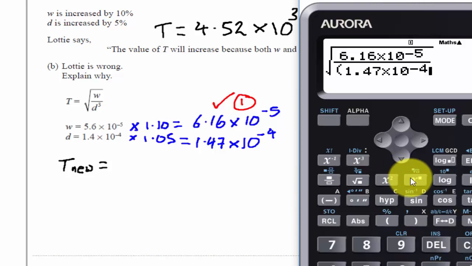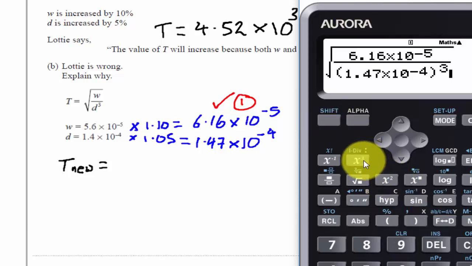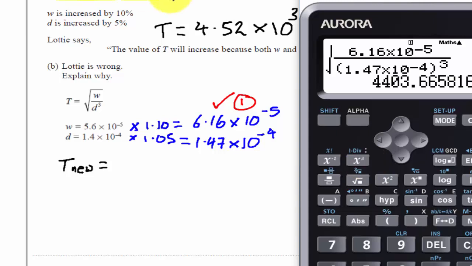It's really important you know how to use your own calculator. And that is cubed. And the new value of t is 4,403.665816.